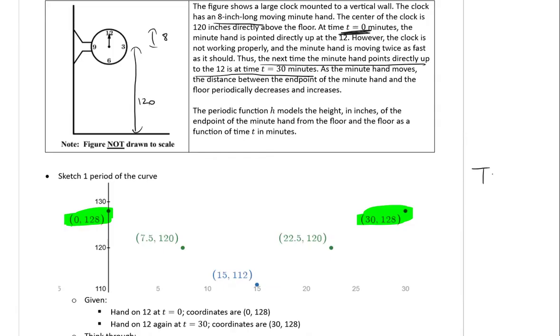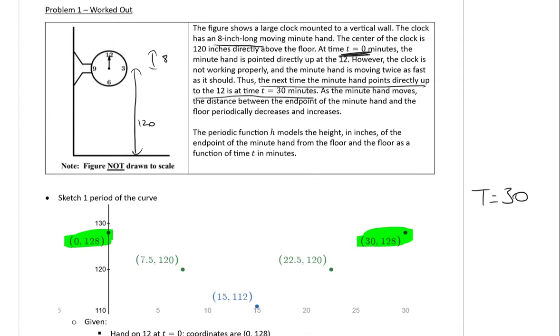Capital T is equal to 30. So when it gets to the 6 down here, what's the height of that? That is 120 minus 8, so 112. It is half the period. So what is half of 30? 15, right there. So we got that point over there.